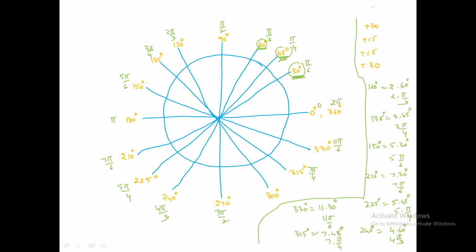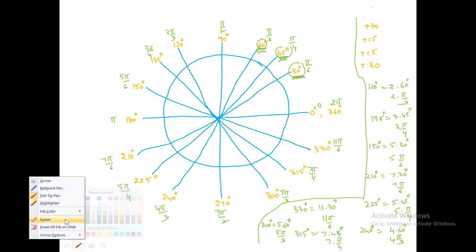Lastly, for 300, I will use 60. 300 can be written as 5 into 60 degrees. 60 is pi by 3. So 5 pi by 3. This is what I do.